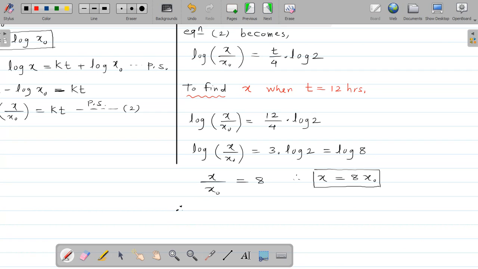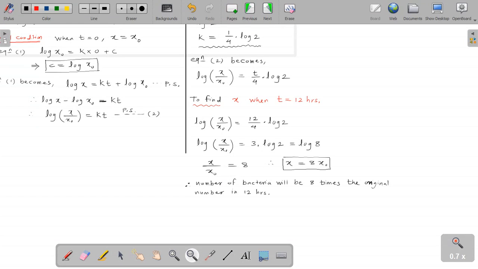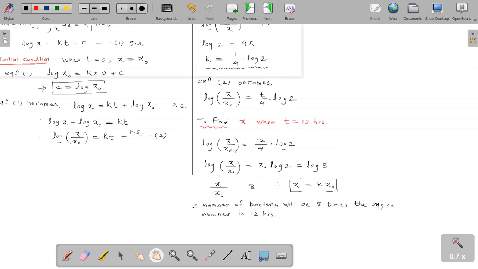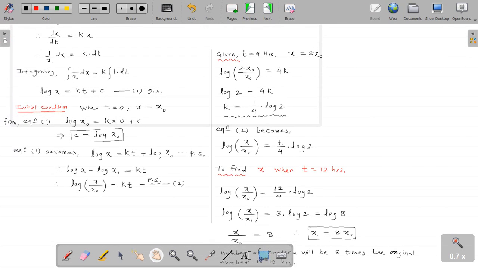We can write that the number of bacteria will be 8 times the original number in 12 hours. So this is your final answer. Try to solve this type of questions related to this concept.